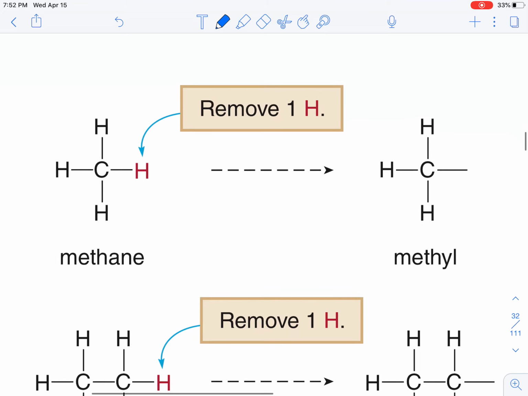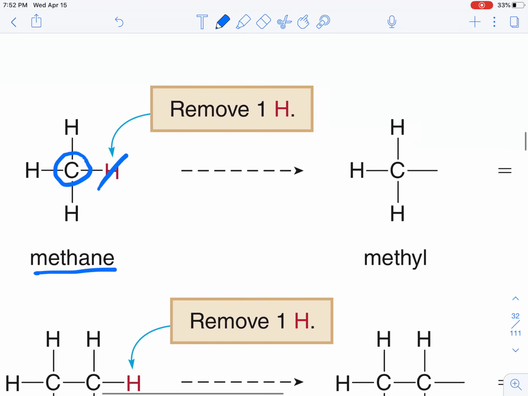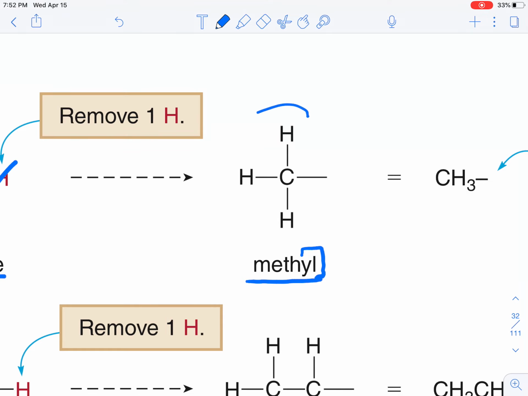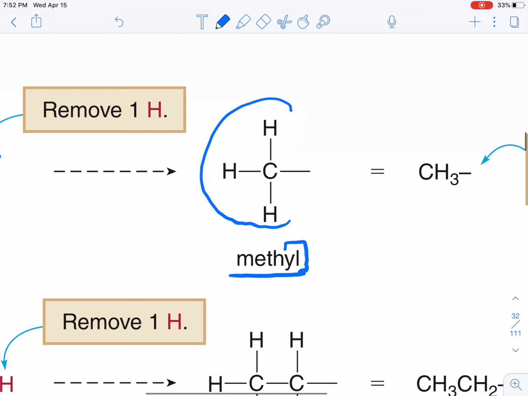So let's understand this with examples. Typically, methane has only one carbon. And if you decide to remove one of the hydrogens such that it's unsaturated, you get something that's called methyl. Okay? So that YL is telling you that this carbon-based group is going to be attached to a parent chain.